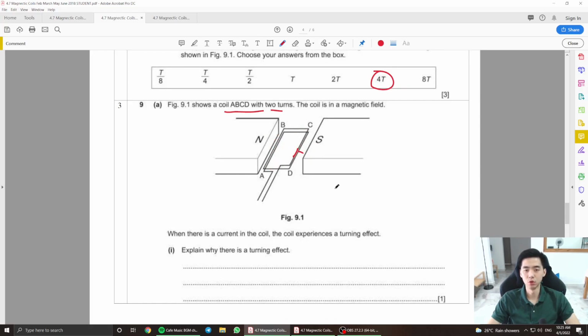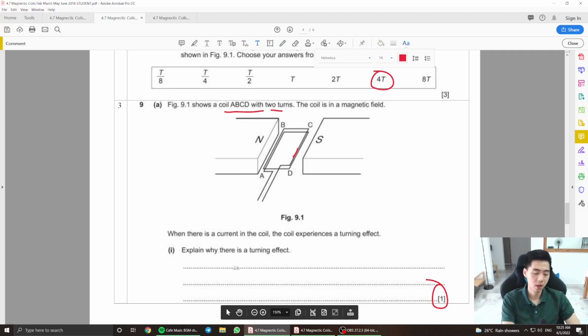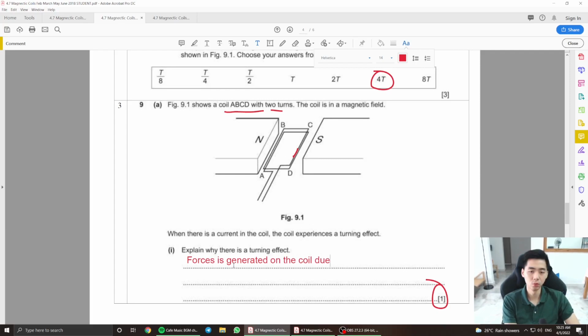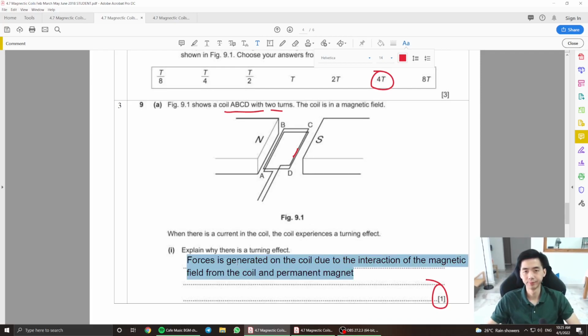But in this question, you don't have to answer that because it is only 1 mark. You're supposed to just say that a force is generated on the coil due to the interaction of the magnetic field from the coil and the permanent magnet. Okay, that's good enough already because it is only 1 mark.